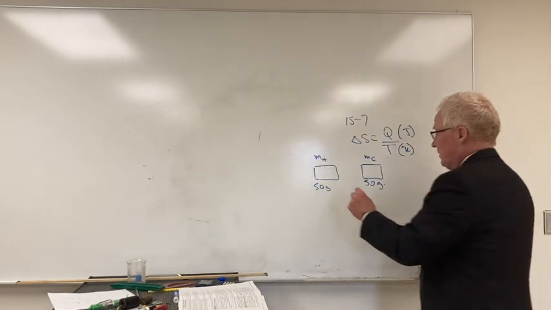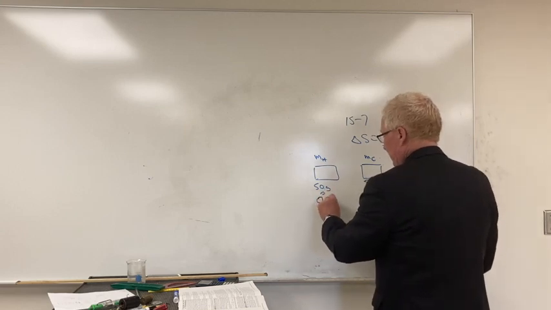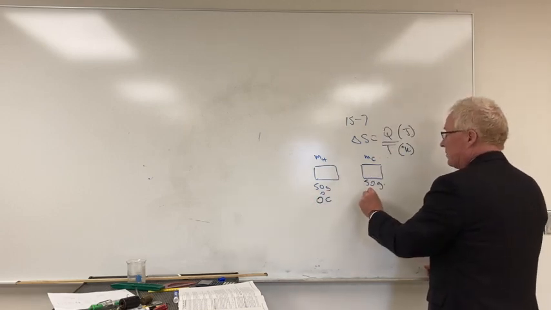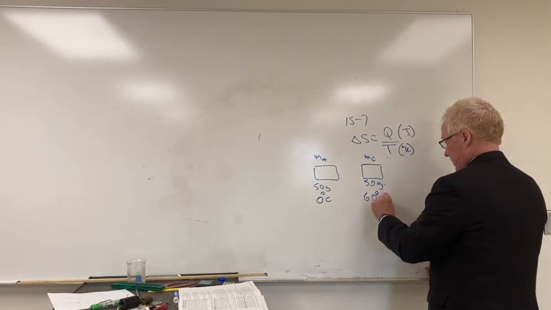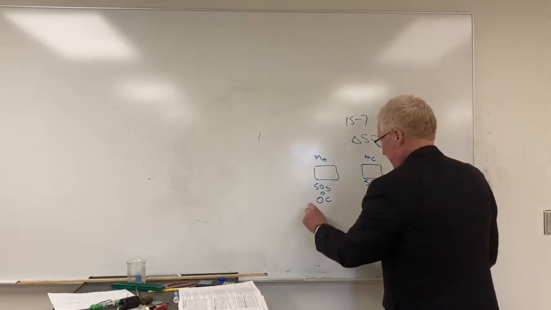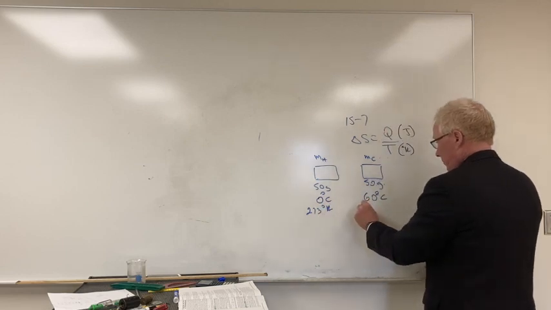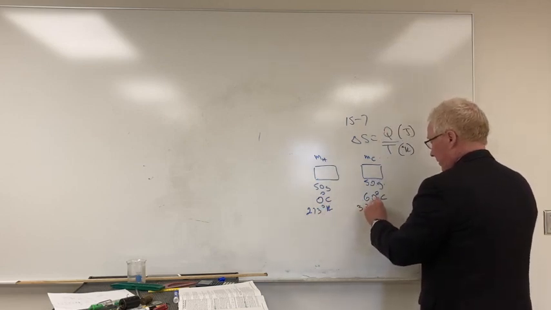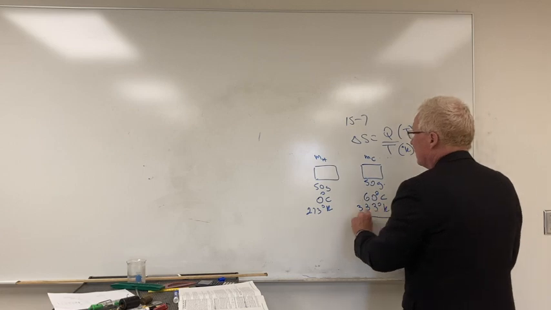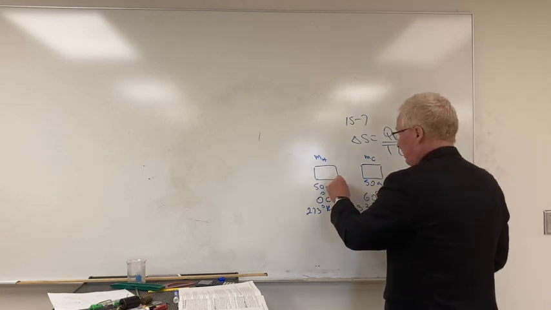And this one is at 0 degrees Celsius, and say this one is at 6 degrees Celsius. All right, this is 273 degrees Kelvin, and this would be 333 degrees Kelvin. All right, so how do we do it? Mix them together.